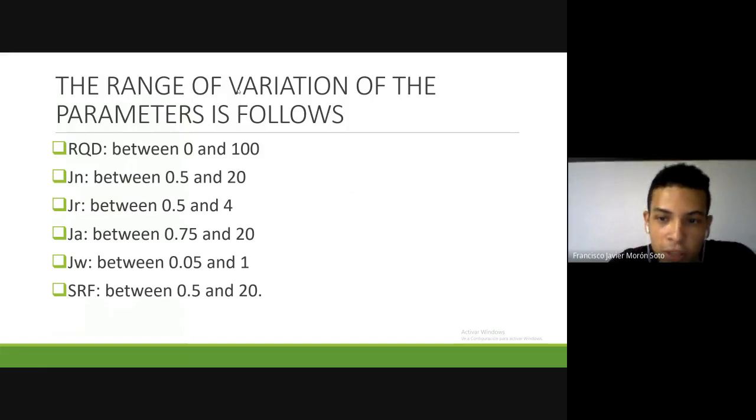The range of variation of the parameters is as follows. RQD between 0 and 100, JN between 0.5 and 20, JR between 0 and 4, JA between 0.75 and 20, JW between 0.05 and 1, SRF between 0.5 and 20.